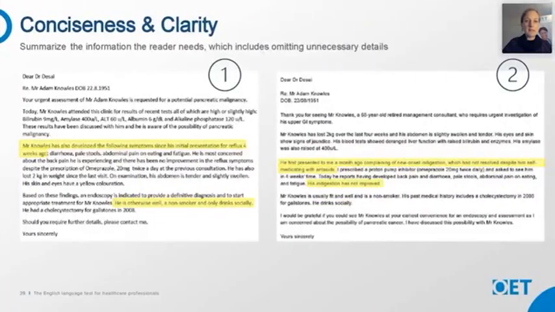The next assessment criterion is conciseness and clarity. This requires you to summarize the information the reader needs, which includes, but is not limited to, omitting unnecessary information. Again, if you get used to using the table we looked at the start, you will have by default identified the information that is to be omitted from the letter.